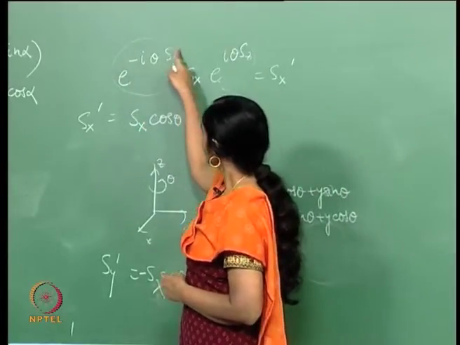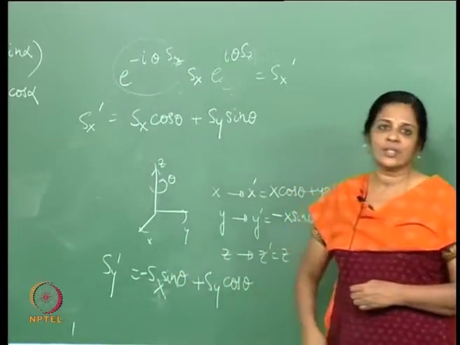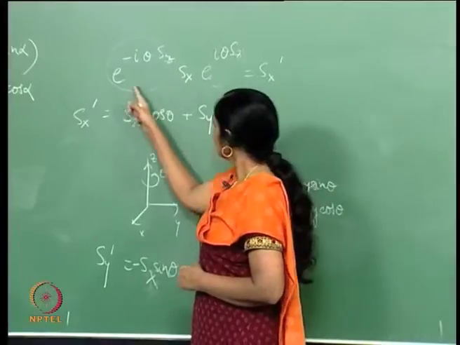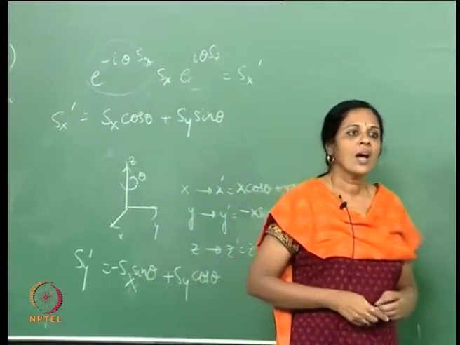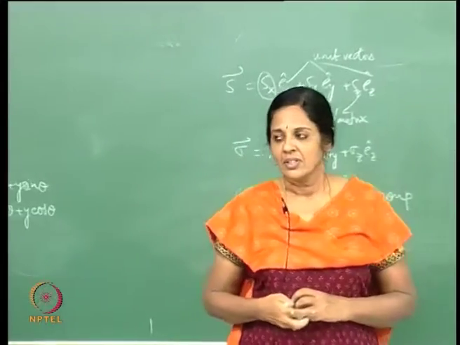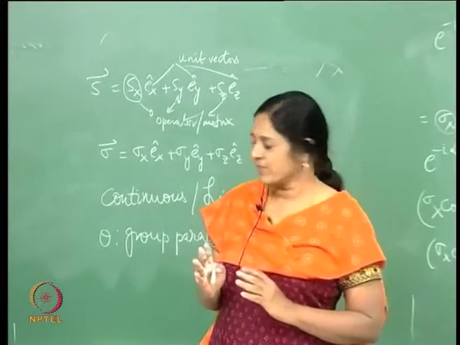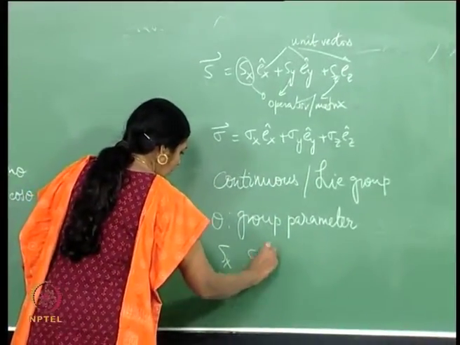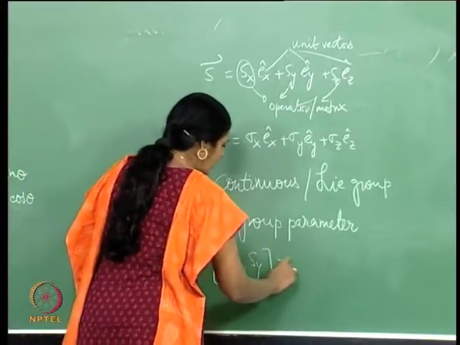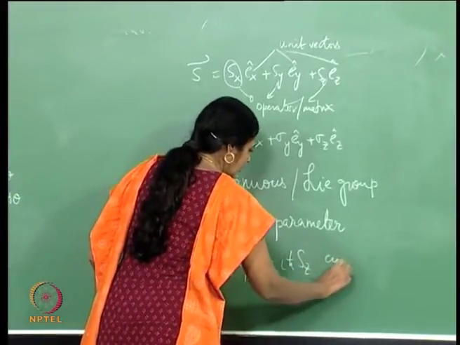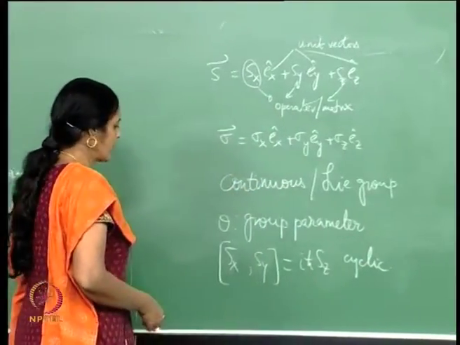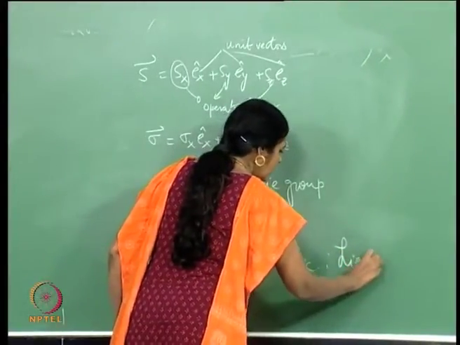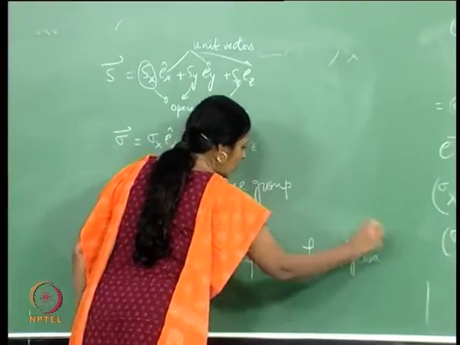So, this is the generator of the transformation. It is a unitary transformation, and there are 3 such generators. Instead of talking about e to the minus i theta Sz, I could well talk about Sz itself, and therefore, I have 3 Hermitian matrices in this context, Sx, Sy and Sz, which correspond to the generators of the transformation, and these Hermitian operators satisfy this algebra, which is the Lie algebra corresponding to this group.